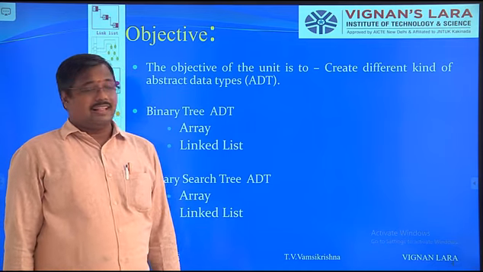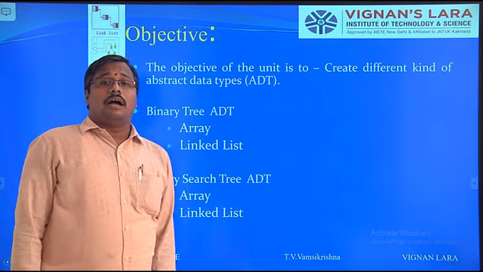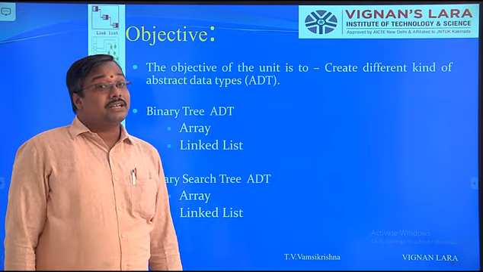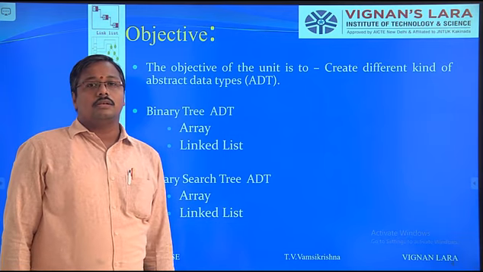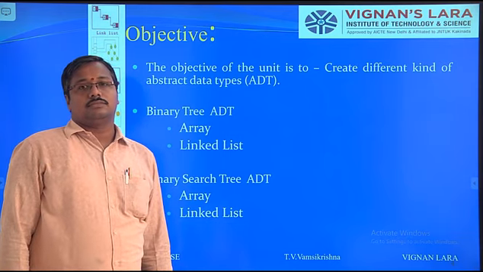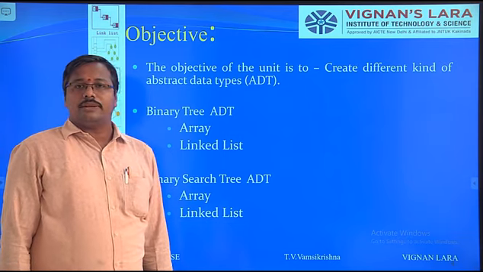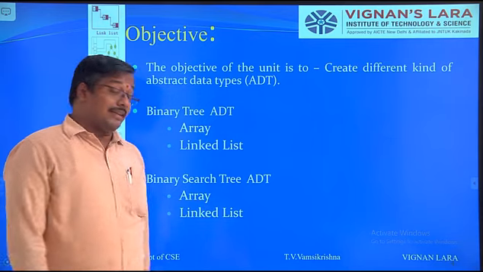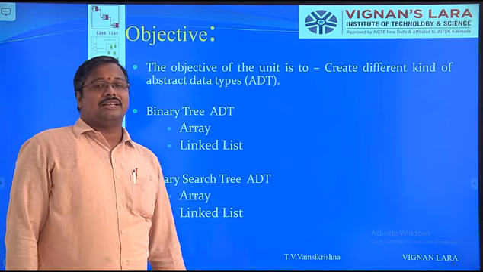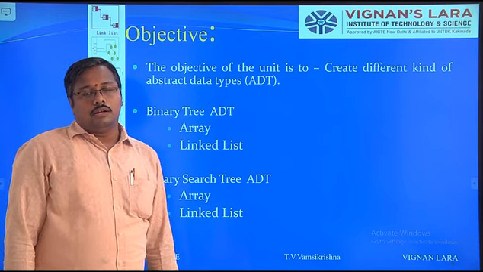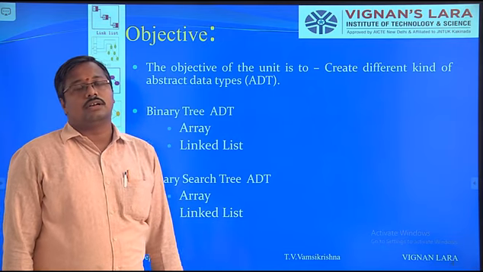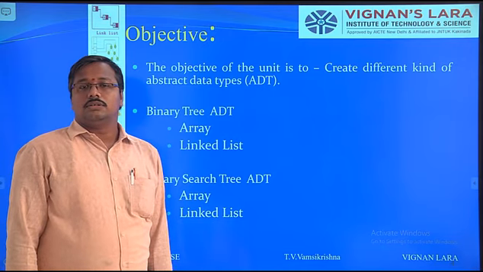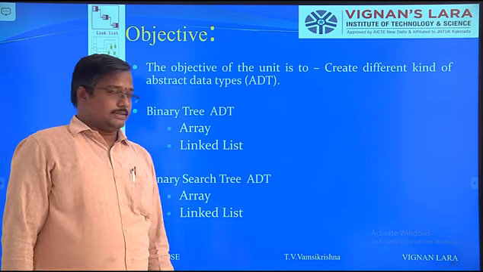But interestingly, only the array and linked list representations of binary trees are in your syllabus, not the implementations. But if time permits, I will cover that also. The binary search tree array implementation and binary search tree linked list implementation are included in your syllabus. I will cover them in the coming sessions.